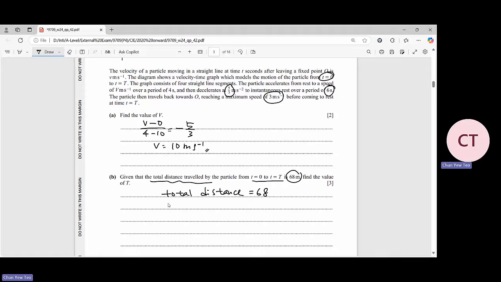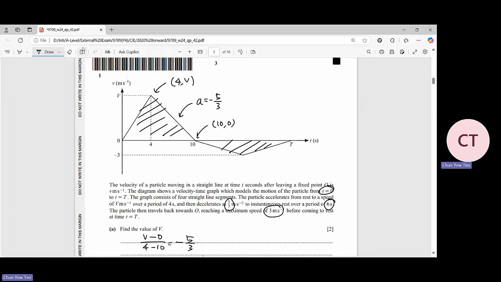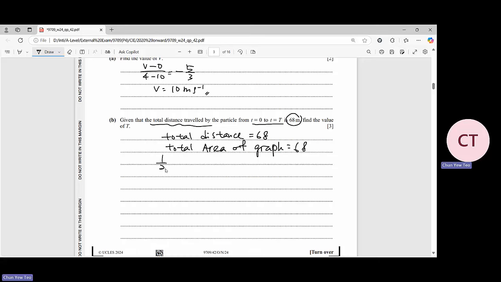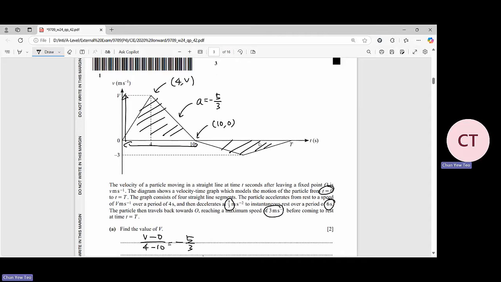So the total distance equal to 68 means that the total area of the graph is equal to 68. The area of the first triangle has base 10 and height v, so half times base times height. The v we have found is 10, and then the second triangle is below the x-axis. The area will be negative, but we know area must be positive, so for the height over here, we don't choose -3, we choose +3.